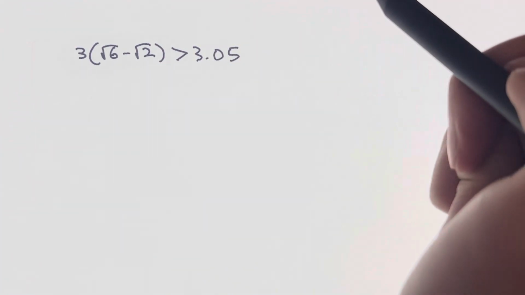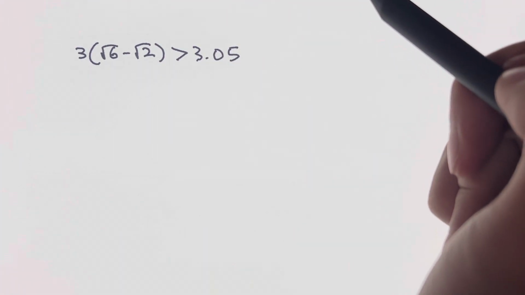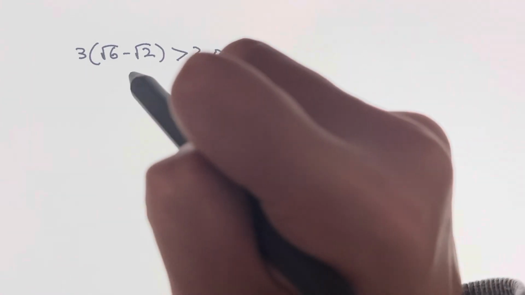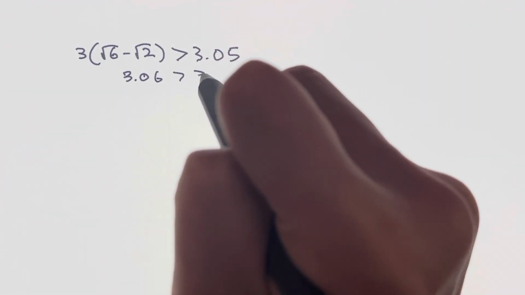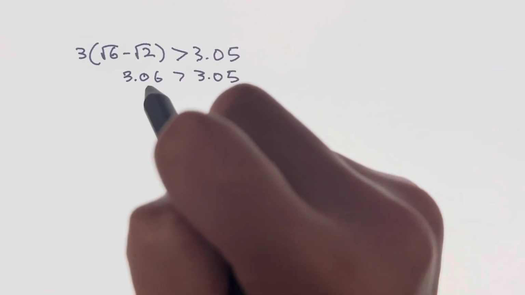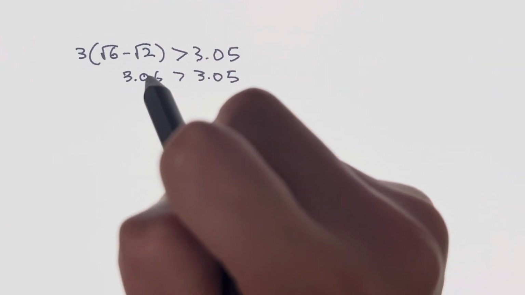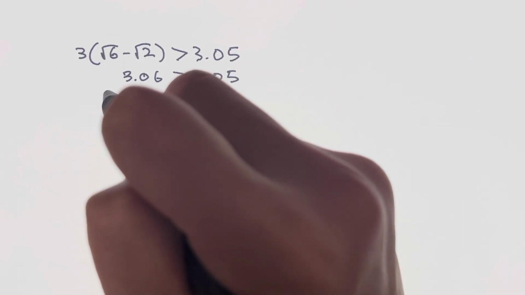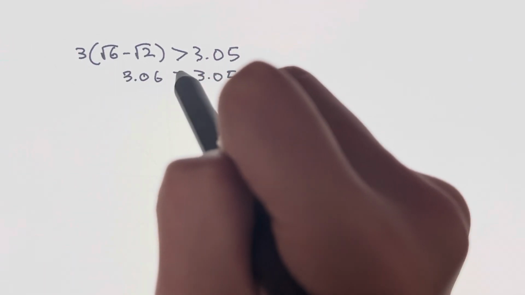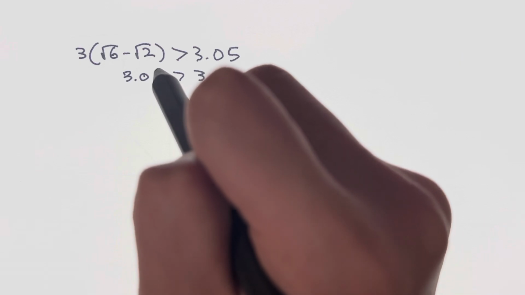But it's hard to work with here because 3.05 is not a multiple of 3. However, we know that from common sense, 3.06 is greater than 3.05, right? And 3.06 is a multiple of 3. 3.06 equals 3 times 1.02. So our goal is to find that square root 6 minus square root 2 is greater than 1.02.